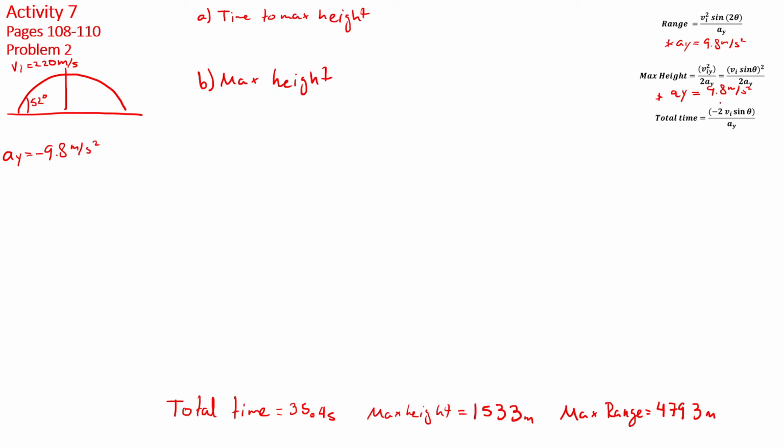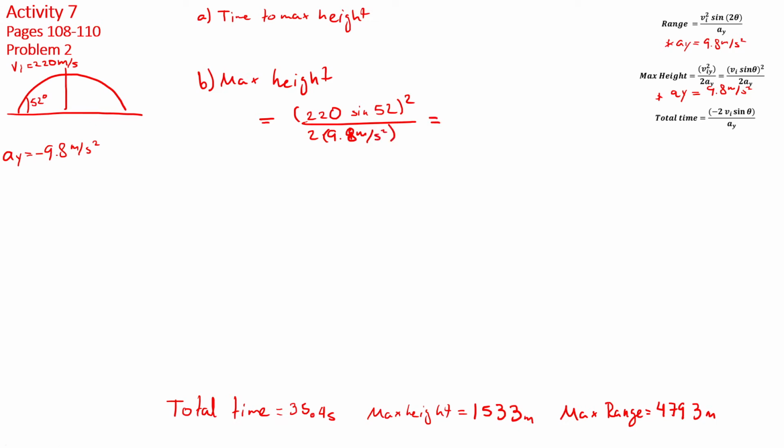Let's try to substitute the values. It will be equal to the initial velocity in the y-axis squared, and that's initial velocity times sine of the angle: 220 times sine of 52, squared, divided by 2 times 9.8 meters per second squared.